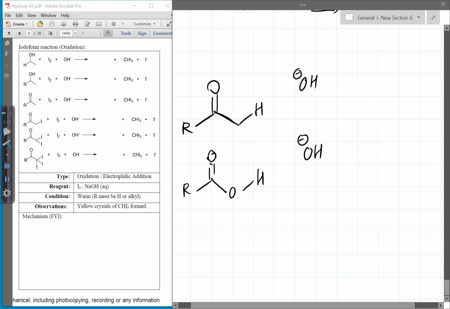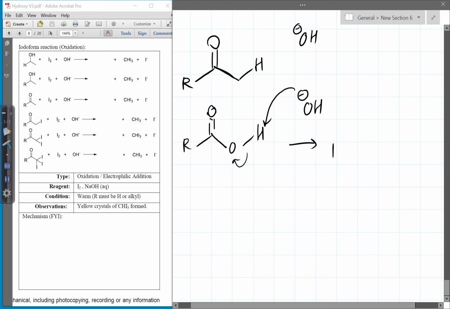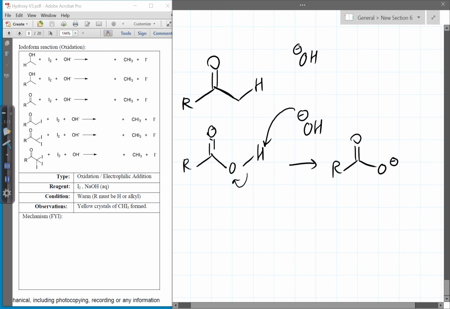This is a base, correct? This is acid, so acid-base. This acts as a base, this acts as acid, and I will generate this species.